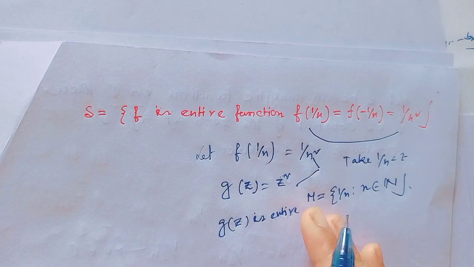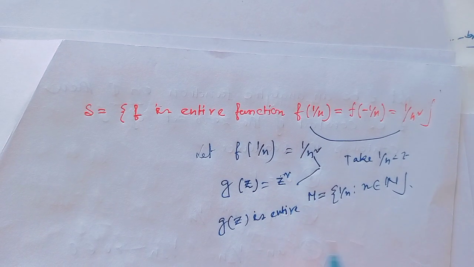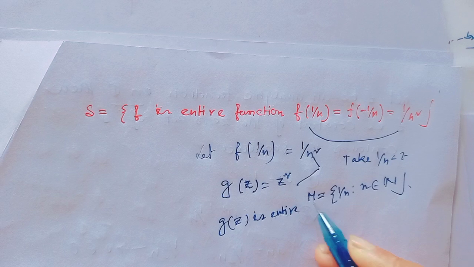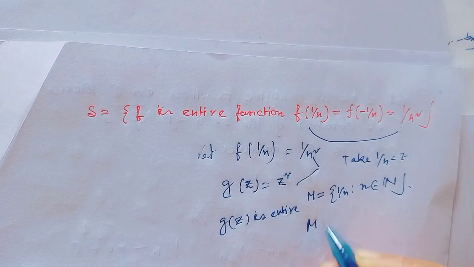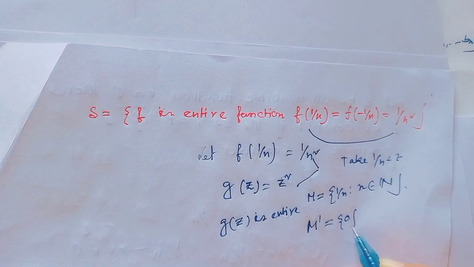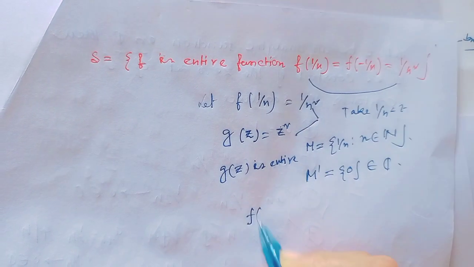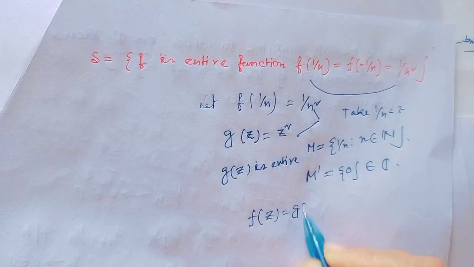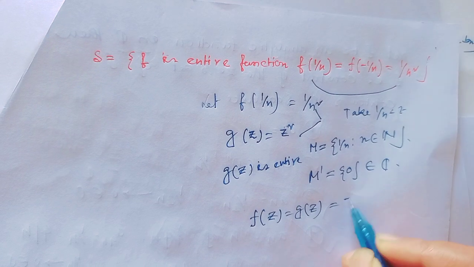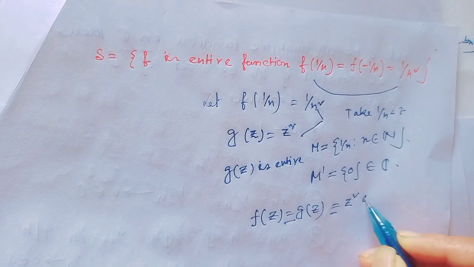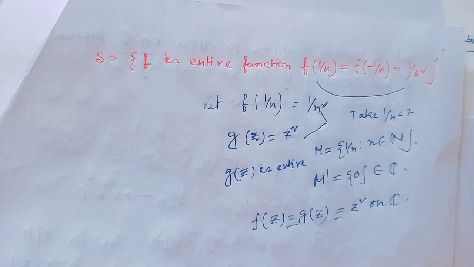Since g(z) is analytic on the whole complex plane, g(z) is also entire. And the set M has a limit point M dash equal to 0, which belongs to the complex plane. So we can tell f(z) equals g(z) equals z square, which is true on the whole complex plane.